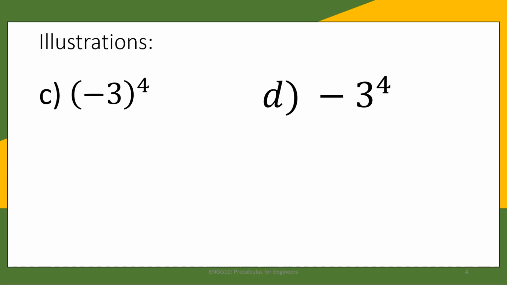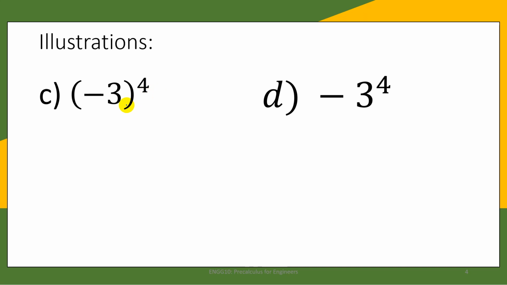For part C, we have negative 3 raised to 4. And then for part D, we have negative 3 raised to 4. If you take a look at the two problems, it seems like they are the same, but they are not. For part C, the negative is included in the base. For part D, the negative is not part of the base, only the 3.